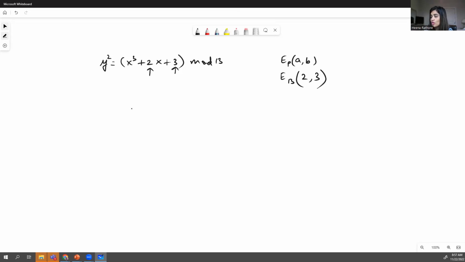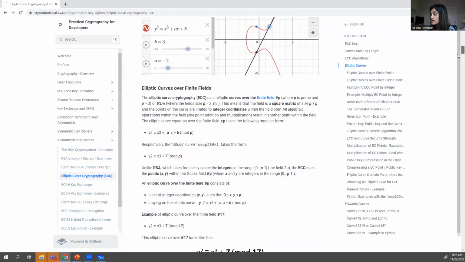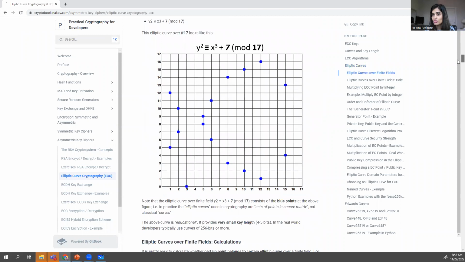Next we calculate the generator G. A quick thing before I move towards what exactly the generator G is. A generator, in the earlier examples that I had discussed, is generally a value such that if you multiply 1 times G, 2 times G, 3 times G, 4 times G, you are able to get all the values between 0 and P minus 1.